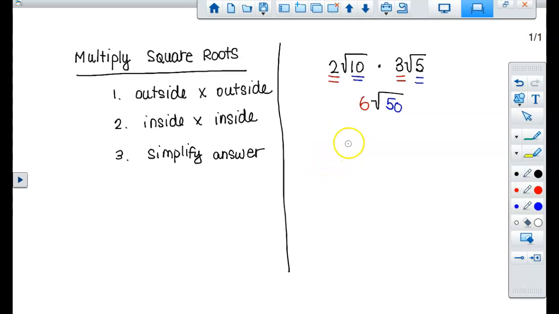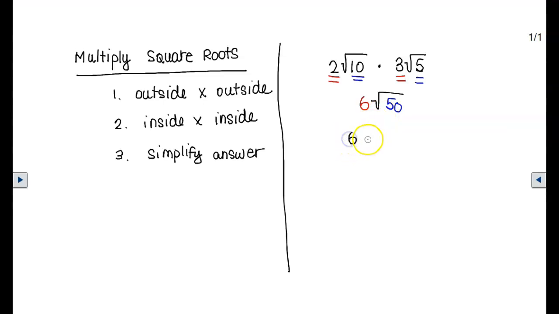Okay, so now we will simplify this answer. So remember to simplify that square root of 50, what we want to do is break it down into 2 square roots that will multiply to give us 50. And when we break it down into these 2 square roots, we need to make sure that one of our numbers is in that perfect squares list.